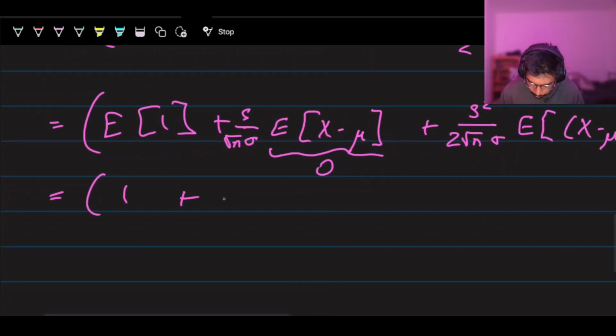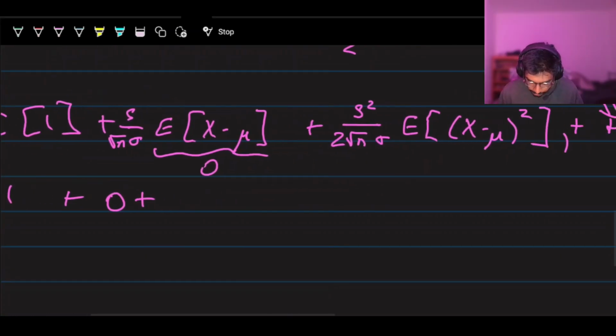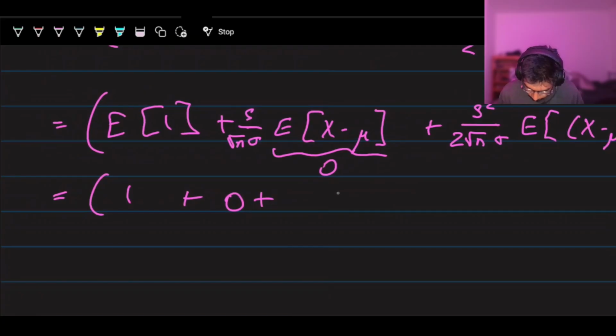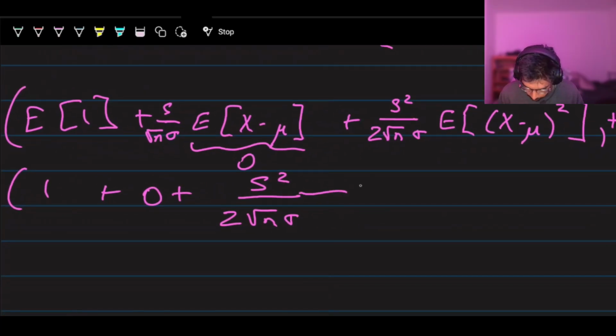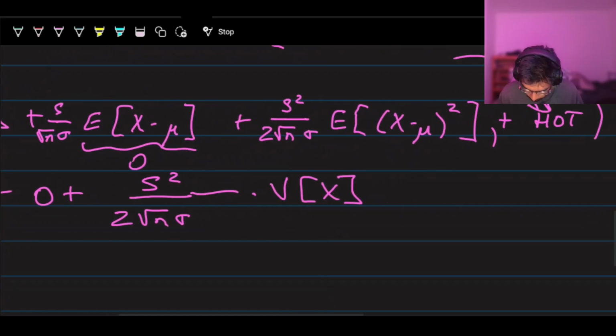So we have 1 plus 0 plus s squared over 2 root n sigma times the variance of x, plus higher order terms, all to the nth power.